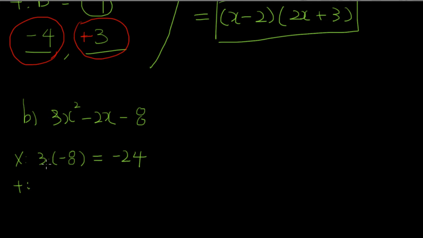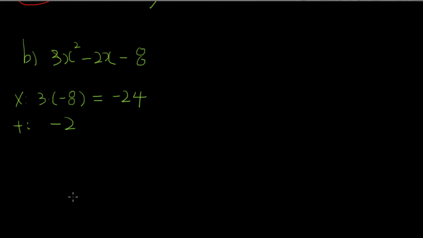Addition should be the middle number, B. And we are looking for this two-number combination to satisfy this. Multiply to be negative 24, add to be negative 2. So what are those two numbers?